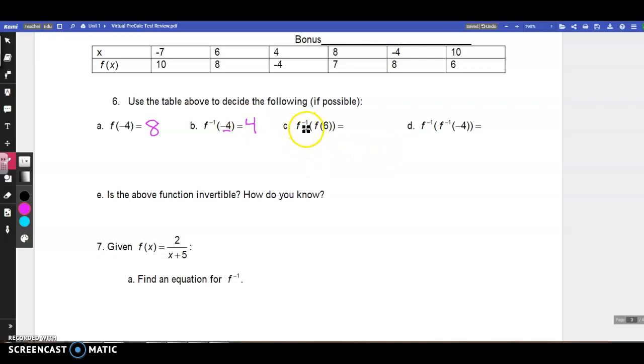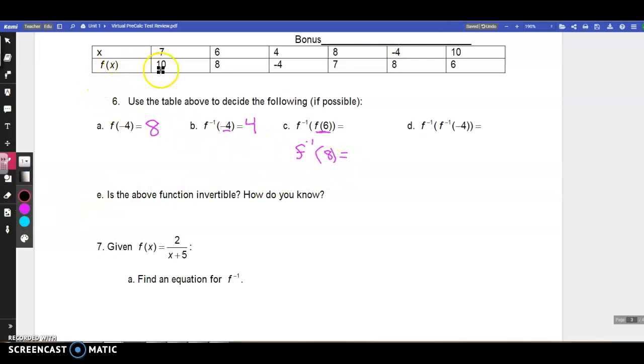All right, f inverse of f of 6. So let's just break this into pieces. So first I'm going to find f of 6. So 6 is an input. So 6 has an output of 8. So now I'm really just trying to find f inverse of 8. All right, so what does this mean? 8 now represents an output on my f table.